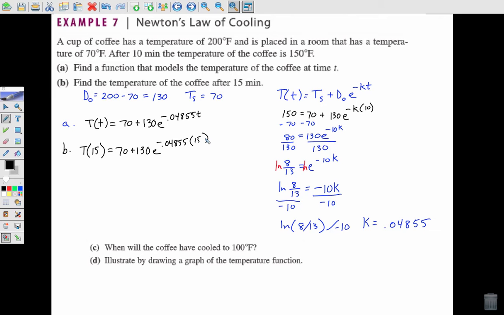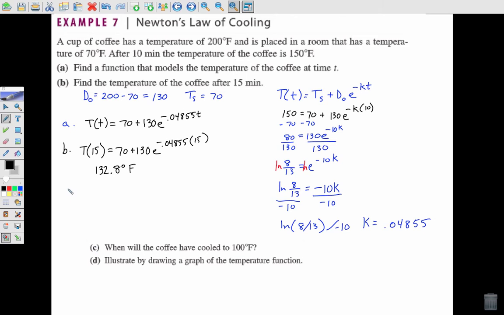It makes sense that the temperature should be a little lower than 150 because that's where we are after 10 minutes. It should continue cooling. And I have the temperature is 132.8 degrees Fahrenheit.